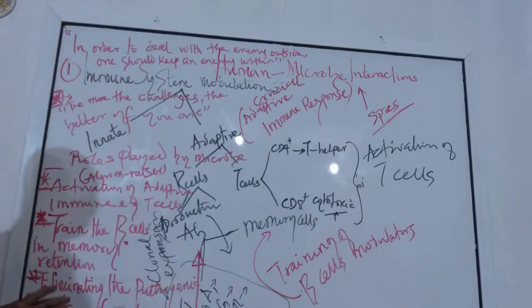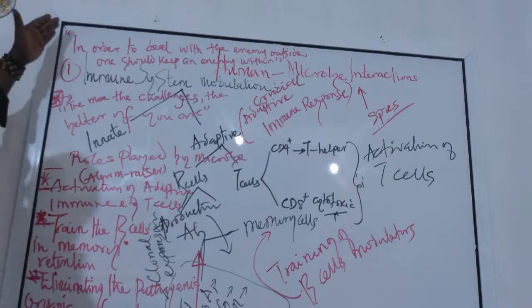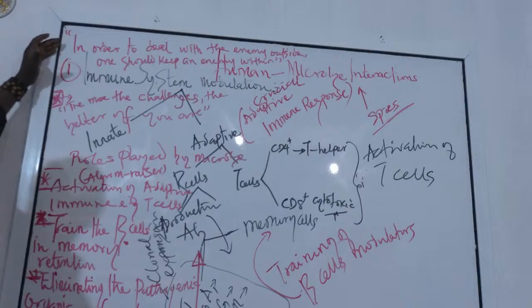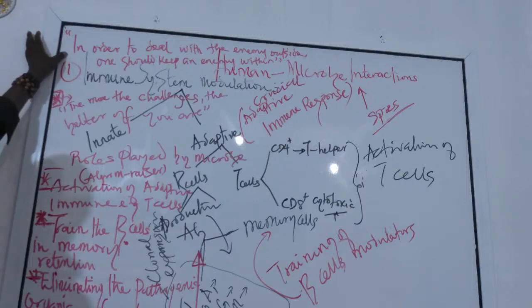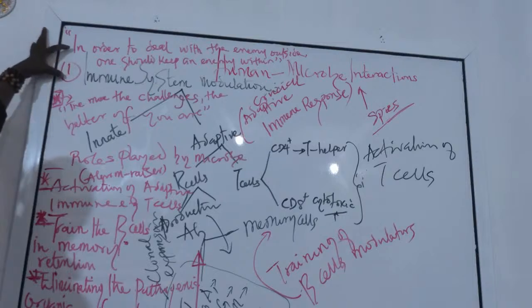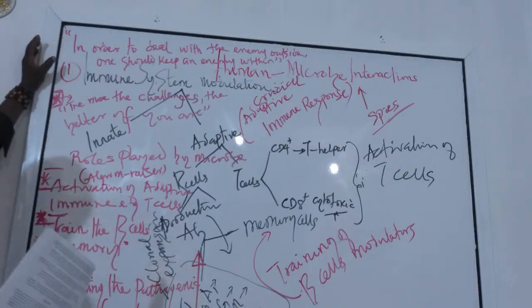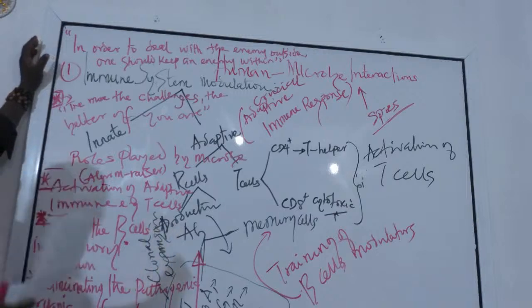Don't forget what we have said so far, that you need to keep in mind these two schools of thought, or these two general rhetorics, which are going to help you understand the role that microorganisms will play.